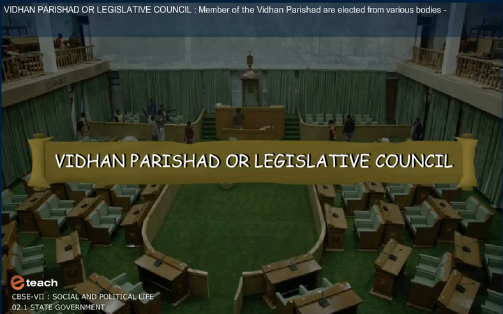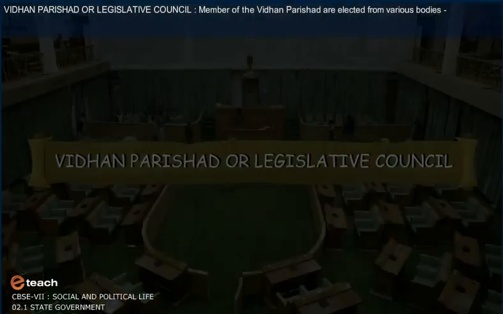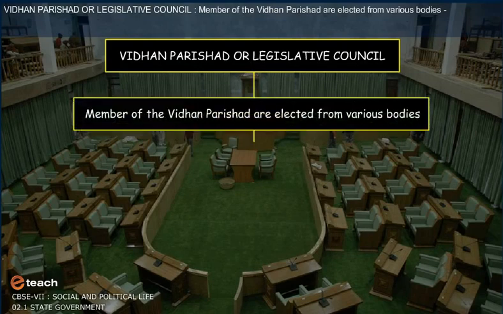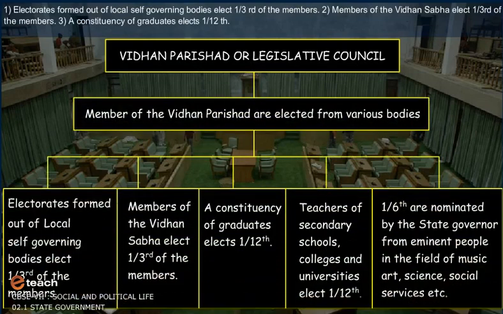Vidhan Parishad or Legislative Council. Members of the Vidhan Parishad are elected from various bodies. Electorates formed out of local self-governing bodies elect 1/3 of the members. Members of the Vidhan Sabha elect 1/3 of the members.